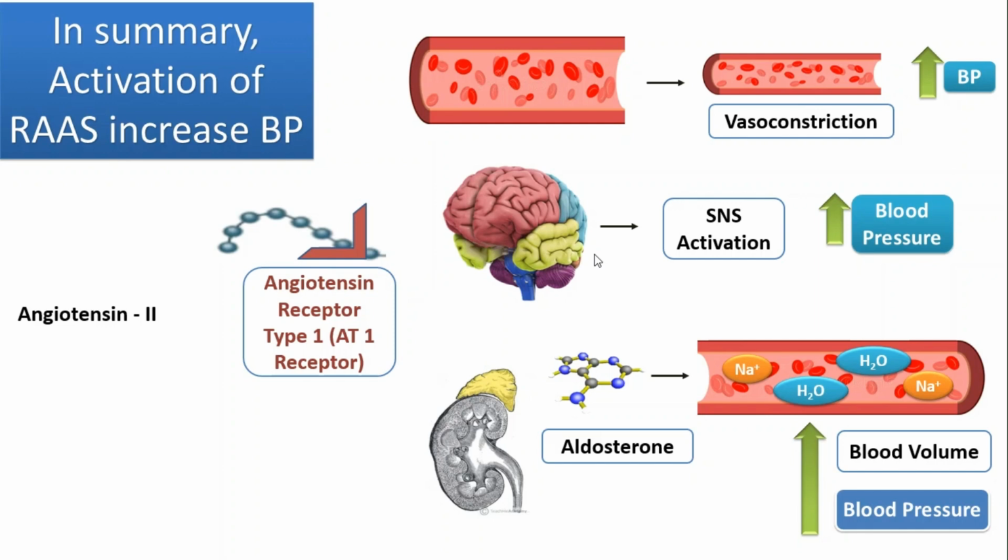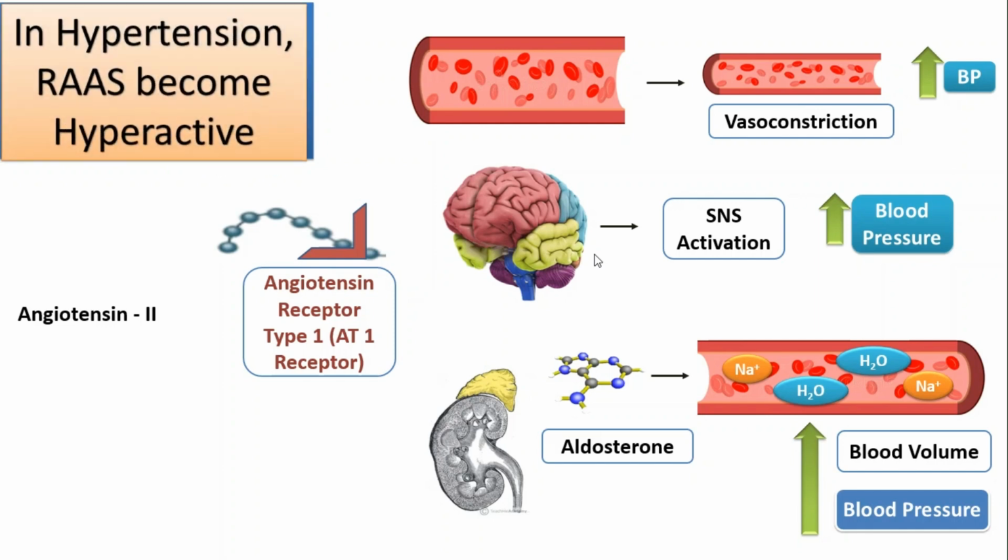Now, what is the problem found in a hypertensive patient? In a hypertensive patient, it has been found that RAS is hyperactive. When I say RAS is hyperactive, what does this mean? Hyperactive RAS means your RAS becomes active even without substantial decline of blood pressure. It keeps remaining activated.